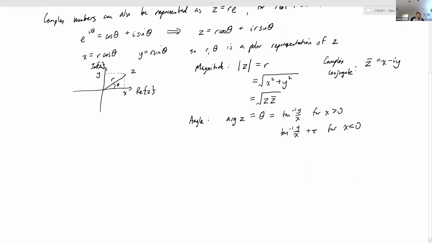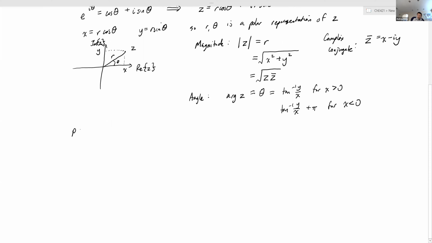I'll mention this polar representation is useful for certain functions. For example, at some point in the past, I think when we were talking about Fourier transforms, I asked you guys if anyone knew what the square root of i was.